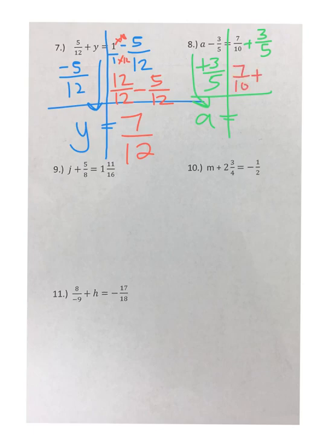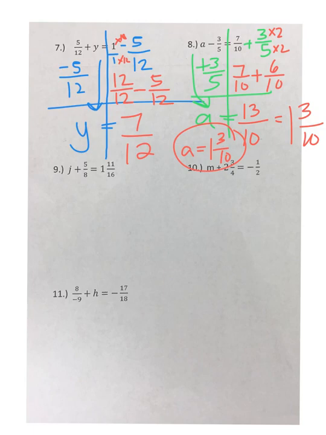And then we need to multiply 3/5 by 2 to get 6/10. And that means that a will equal 13/10, which is an improper fraction, so we need to change it to a mixed number. 10 goes into 13 one time with 3 left over. So a equals 1 3/10.